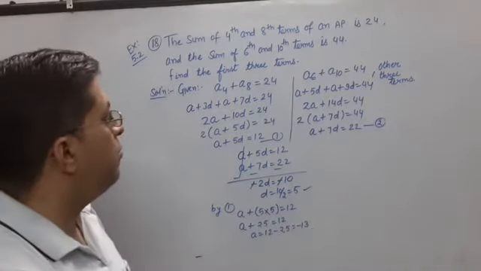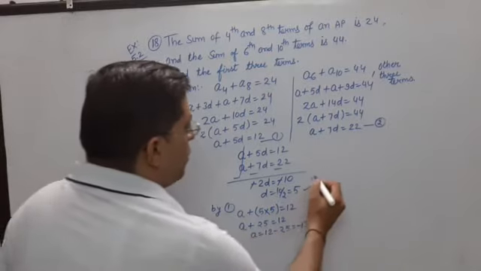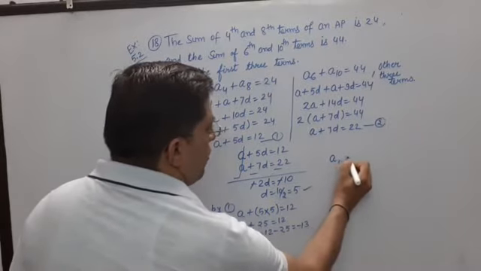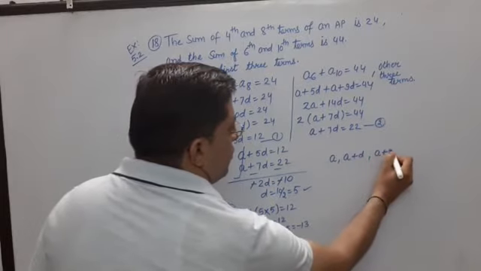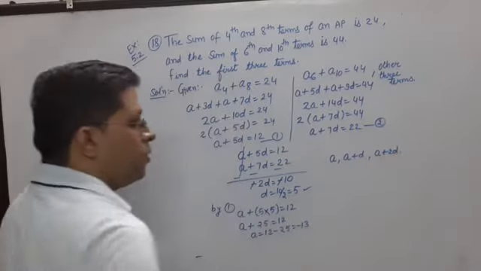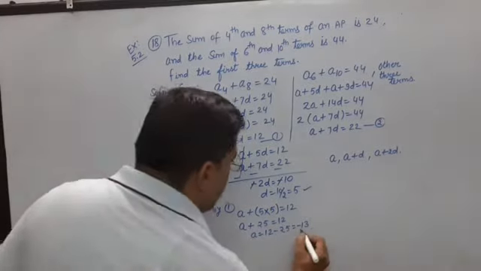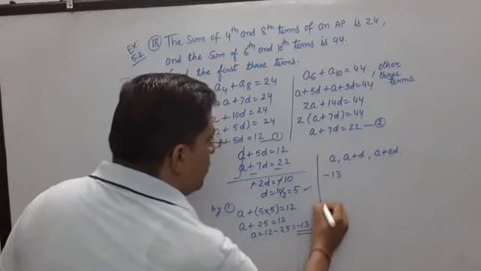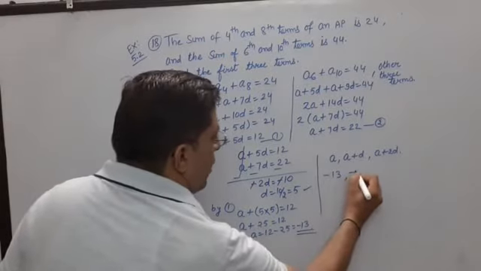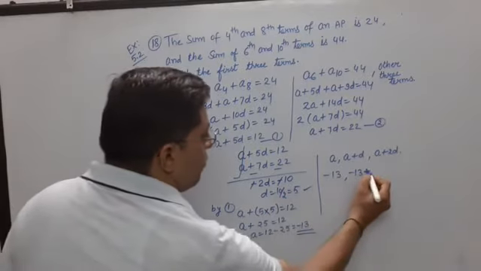Now see, we have to find the other 3 terms. What will be the 3 terms? A plus D, A plus 2D. What is A? A is clearly minus 13. Minus 13 plus D, D is 5.